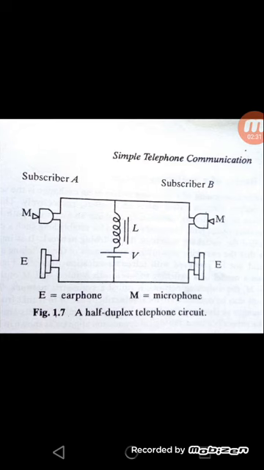This is the second method of telecommunication circuit, that is a half duplex telephone circuit. In a half duplex telephone circuit, information is transmitted from sender to receiver and receiver to sender, both sides, that means two sides.